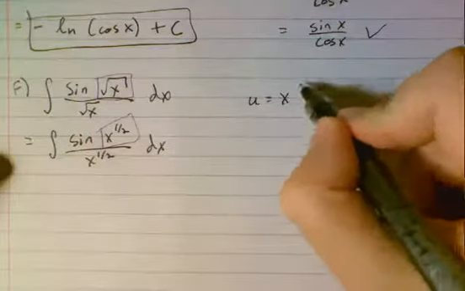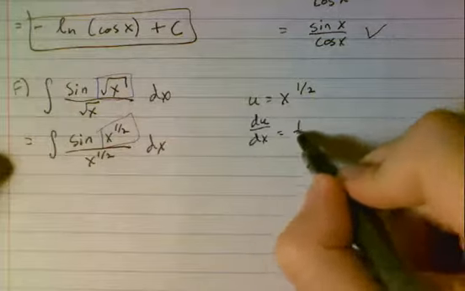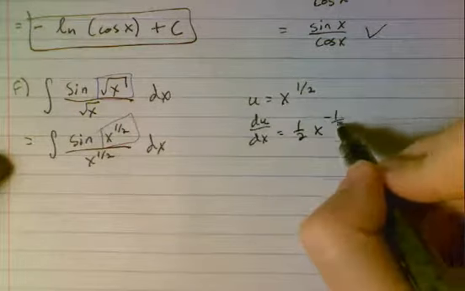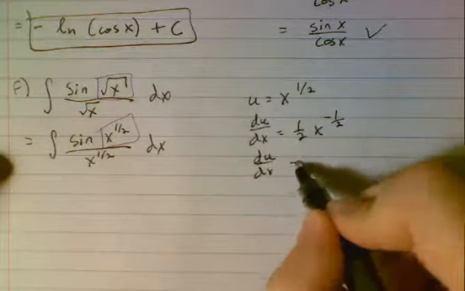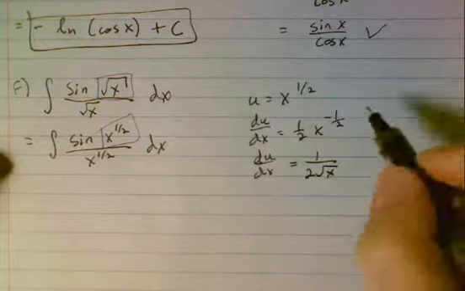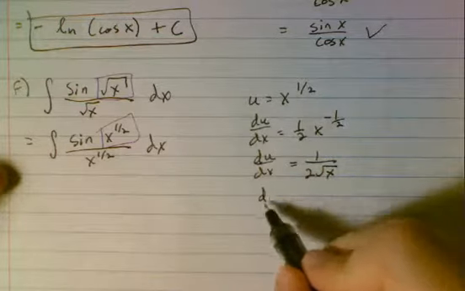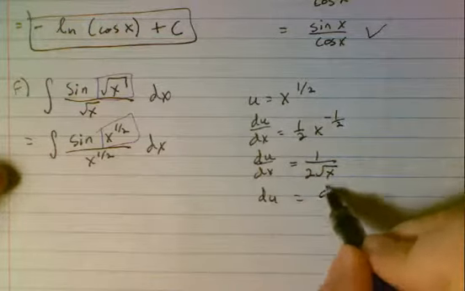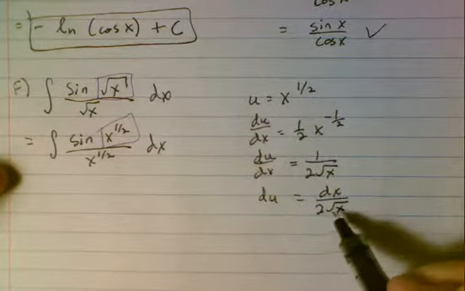u equals x to the 1/2 power. du dx is 1/2 x to the negative 1/2 power. So it's 1 over 2 root x. Now to get dx by itself, we're going to multiply by dx again. But notice here this is division.